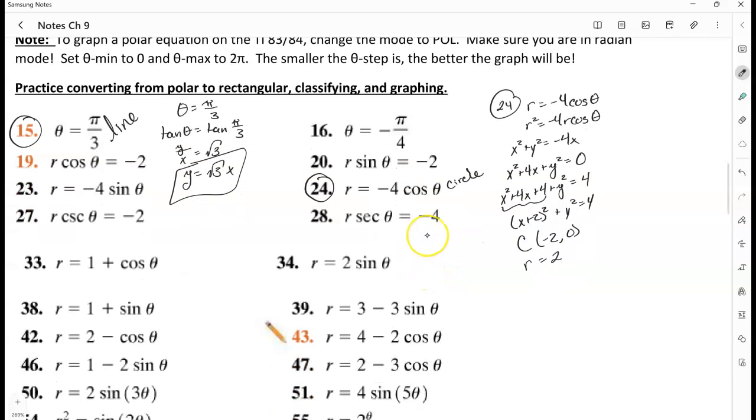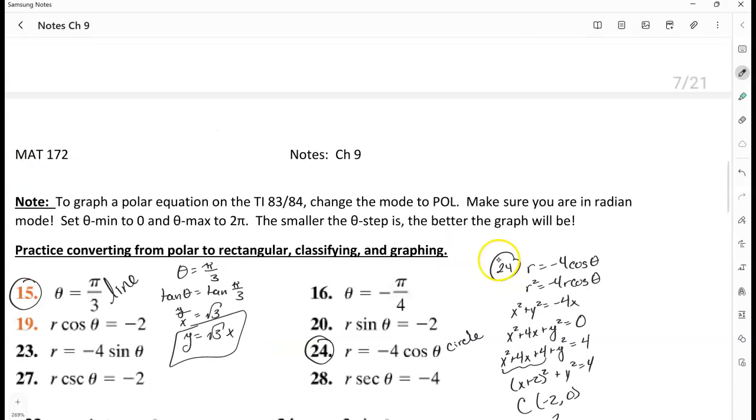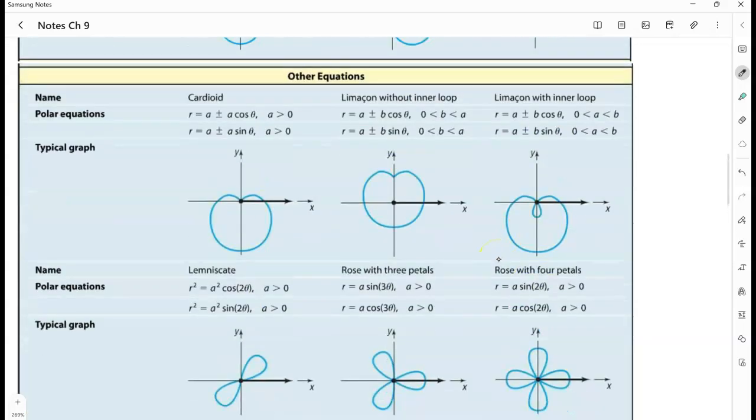Let's look at number 39. If we were to compare, 39 is going to be a cardioid. And the difference between the cardioids and the limaçons is cardioids have the same value here and here, so we just think about A, whereas the limaçons have two different values here.